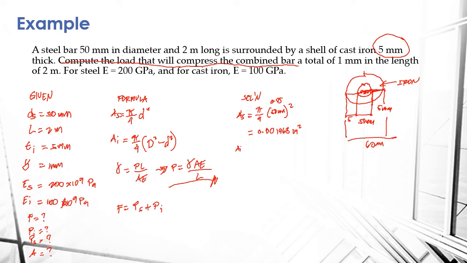Area of iron is equal to pi over 4, with the big D being 60 mm, so 0.06 squared minus 0.05 squared. So, the area of the iron is equal to 0.000864 square meter. Now we have the areas of both, right?